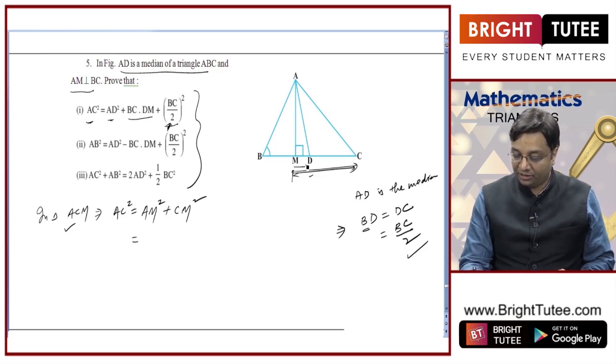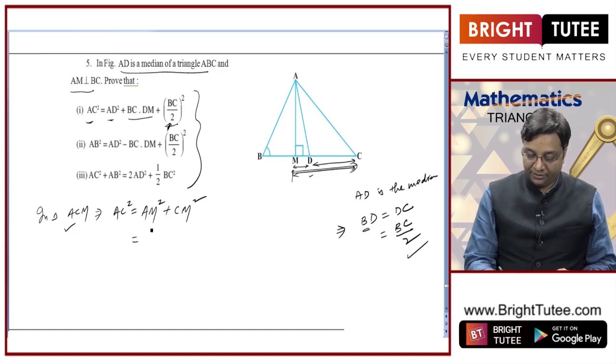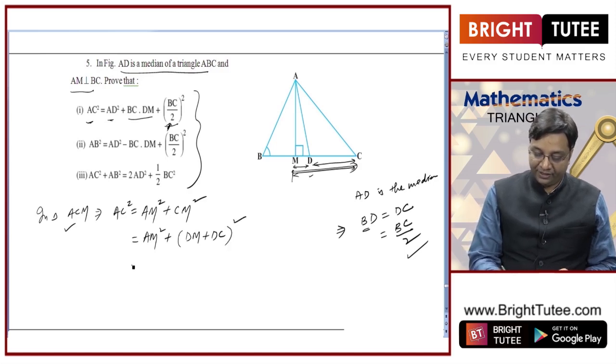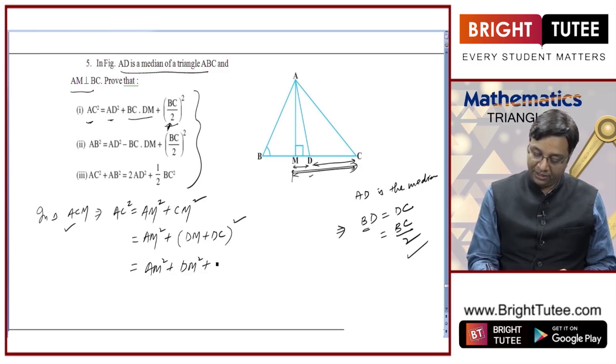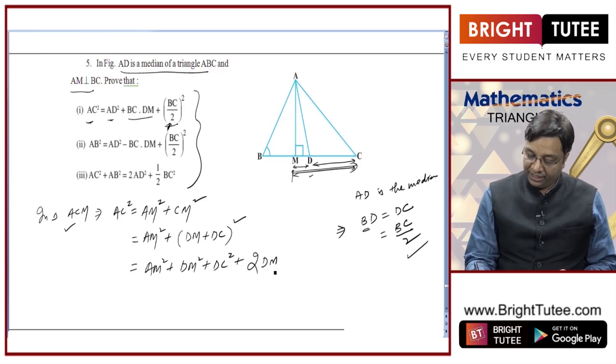CM square is a combination of DM and CD, right? So I'll write it as AM square plus CM, I am breaking into DM and DC. So I can write it as AM square plus DM square plus DC square plus twice of DM into DC.